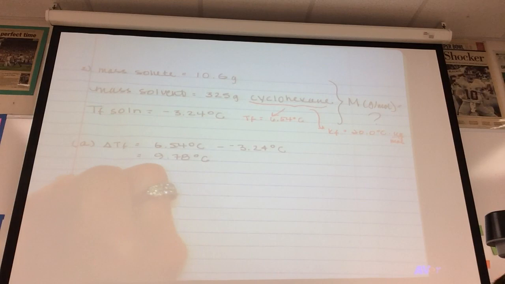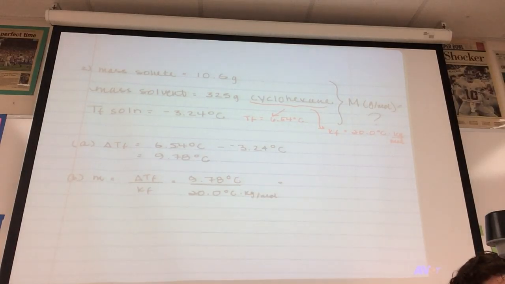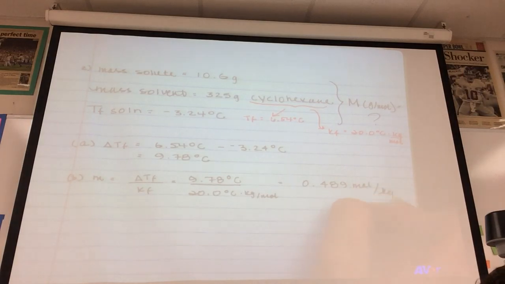In B, we want to get the molality. What do I divide? Delta TF by Kf. Now I've got the molality.